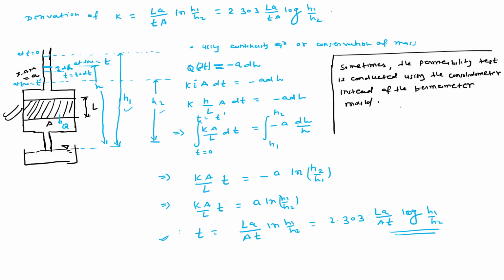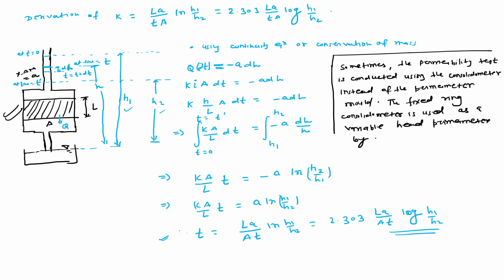The fixed ring consolidometer is used as a variable head permeameter by attaching a standpipe to the base.